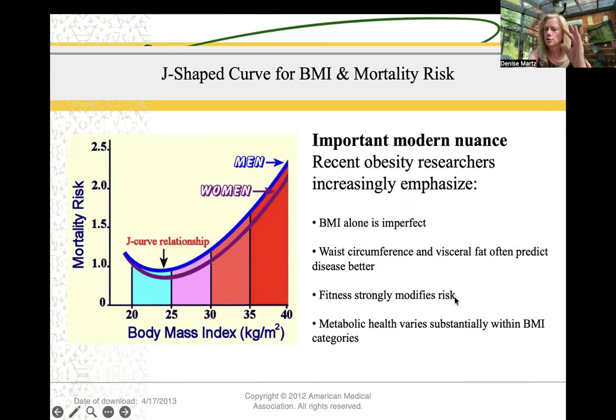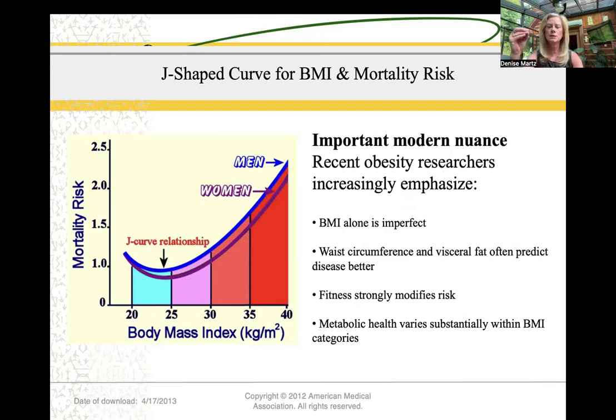We know, and you're going to hear this theme all throughout this lecture, if we have a metric that captures health or captures risk for illness, it's actually fitness, not body size, not body fat, and definitely not BMI.